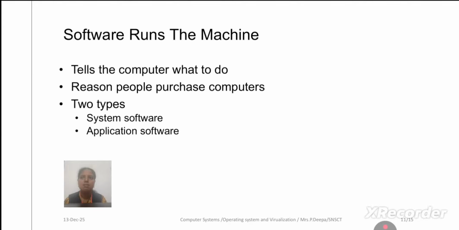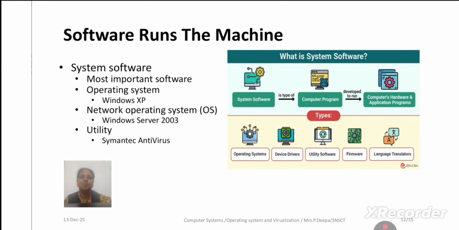System software, like the operating system, manages the hardware resources, while application software helps users perform tasks such as writing documents or browsing the internet. Without the software, hardware would be useless.